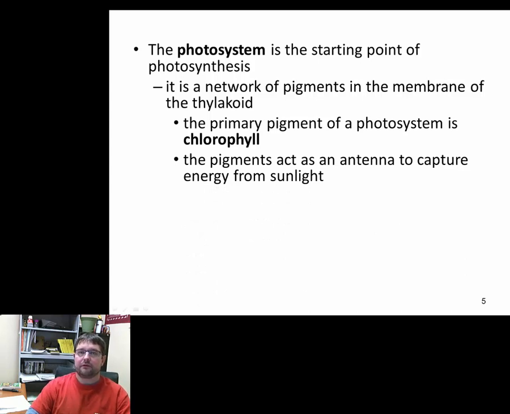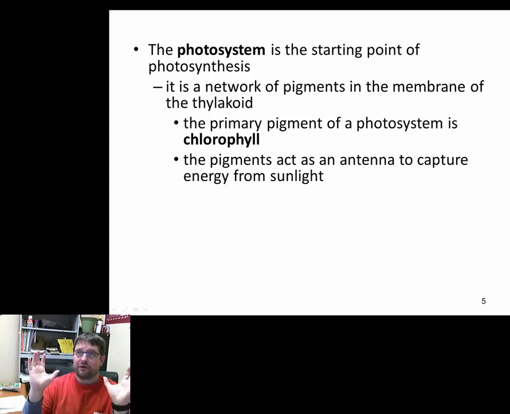That pigment, and all the pigments for that matter, act as an antenna. You can think of it like a DirecTV dish. I don't know if they have dishes anymore, but whatever company has a dish, like a satellite dish.